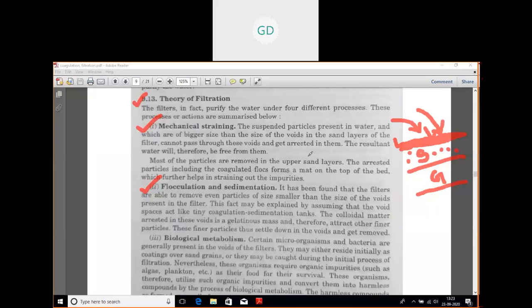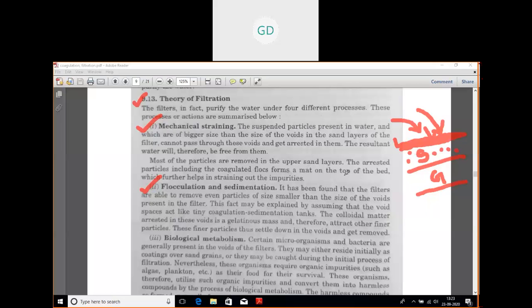In mechanical straining, the size of the suspended particles was greater. But in flocculation and sedimentation, what happens to those particles that are smaller than the size of the voids of the soil?